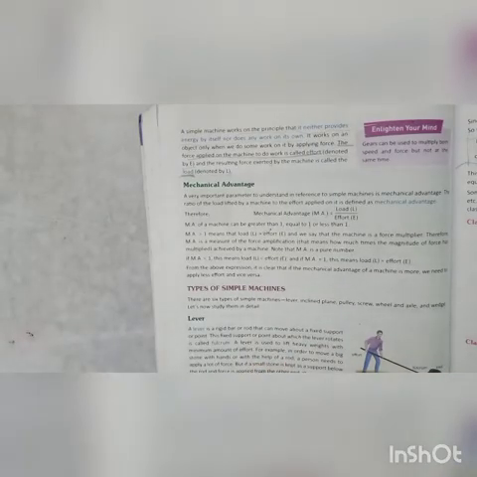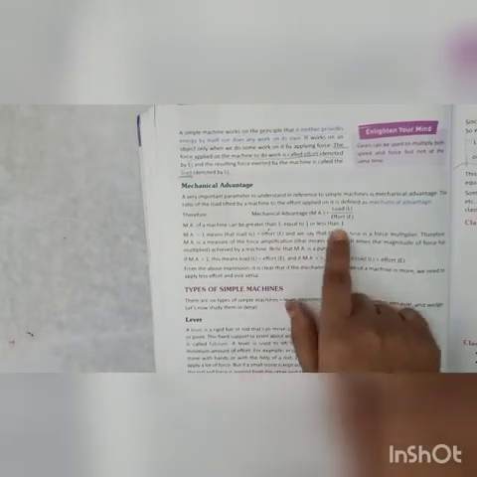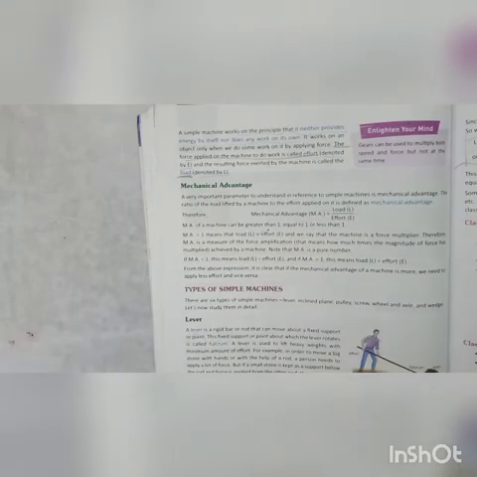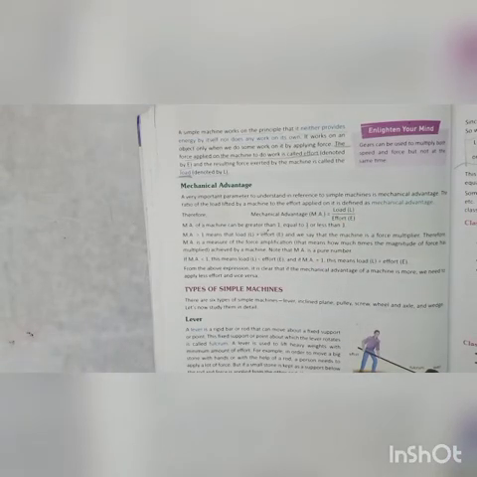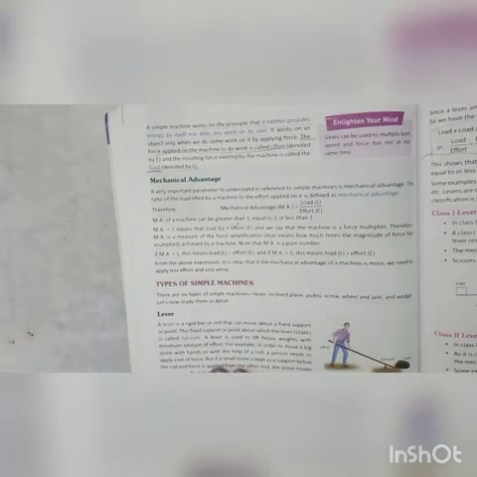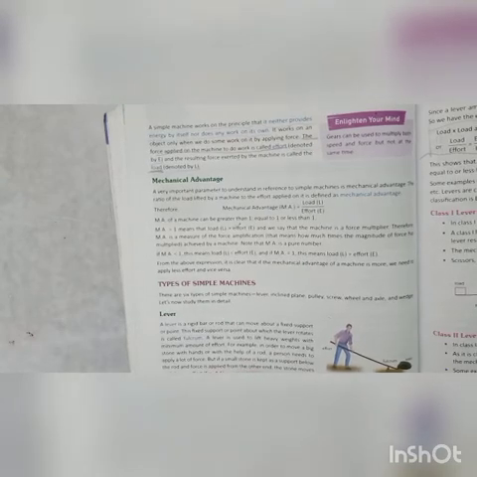For mechanical advantage, you have learned the expression MA is equal to load upon effort. We also discussed what happens when MA is greater than 1, when it is equal to 1, and when MA is less than 1. When machines have a mechanical advantage of more than 1, they are called force multiplier machines.